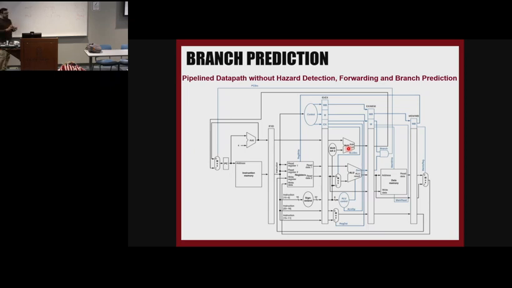If we want to reduce it, we can move this to the decoding stage. So we calculate the branch target address in the decoding stage, and we also move this entire AND gate, which finds whether we should take the branch using the ALU, to this stage 2. So we have to add extra hardware to the decoding stage to evaluate the branch a little bit earlier.